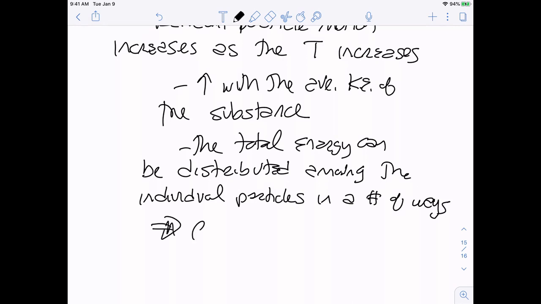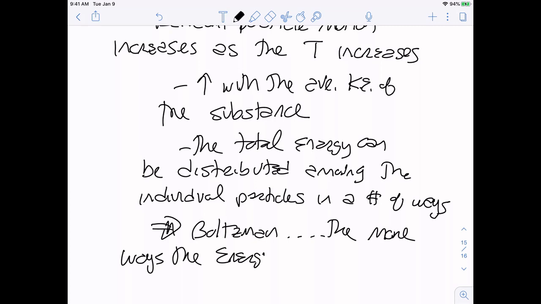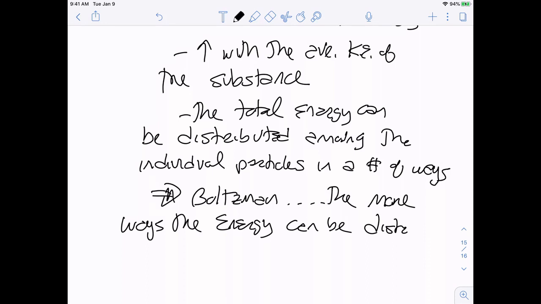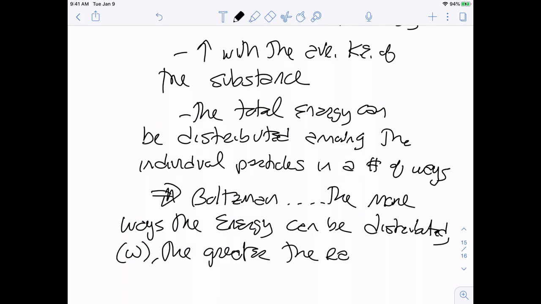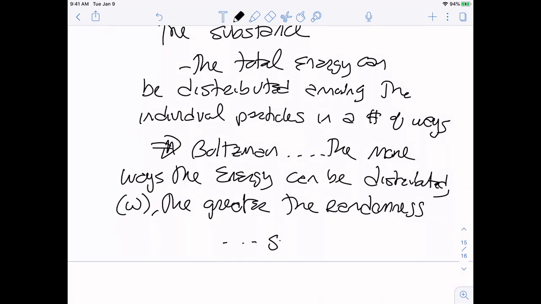According to Boltzmann, the more ways that it can be distributed, the greater the randomness, so greater entropy.